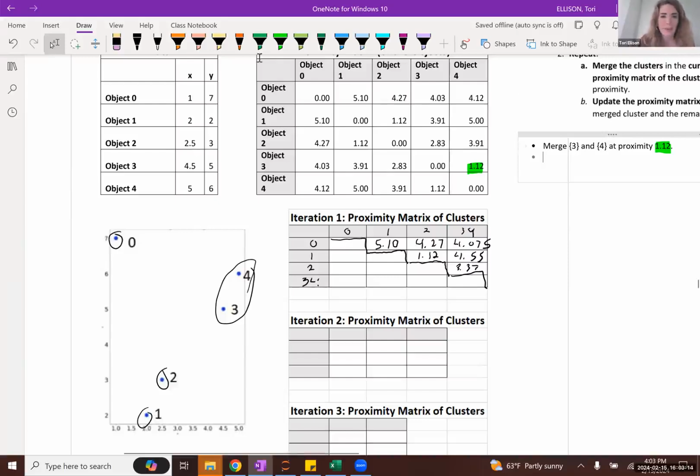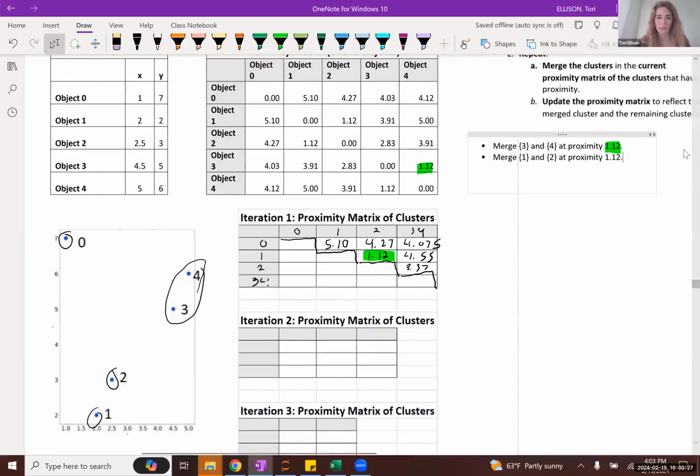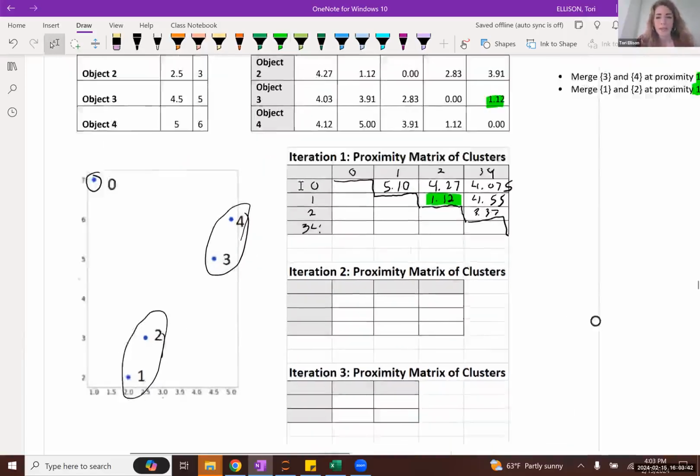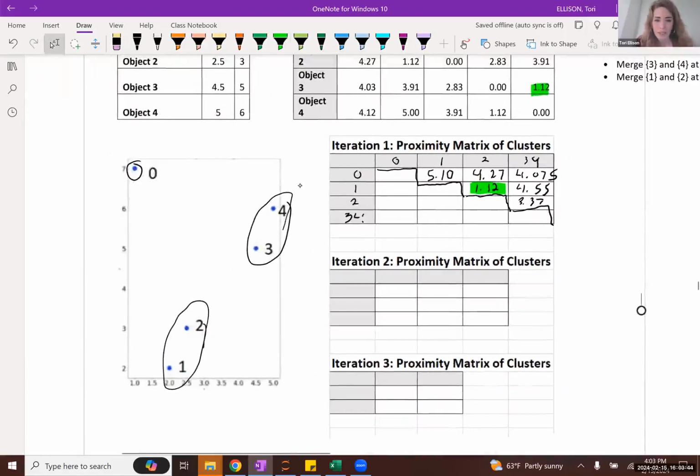So we see that cluster 1 and cluster 2 are now the two closest clusters. We merge 1 and 2 at proximity 1.12. So now these are both together.